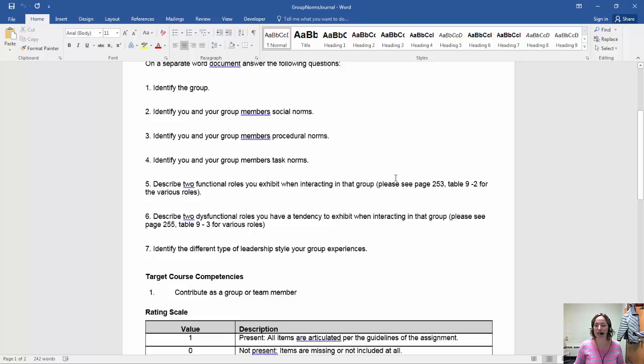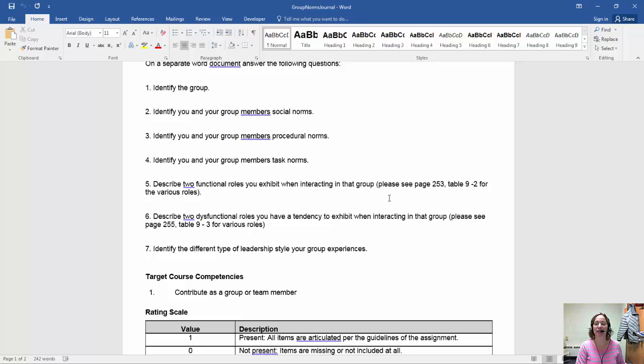Once you've completed the task norms, you are going to describe 2 functional roles you exhibit when interacting in your group. And to see a list of functional roles, please turn to page 253 in your textbook, specifically focusing on table 9-2. Next, describe 2 dysfunctional roles you have a tendency to exhibit when interacting with that group. Please look on page 255 for those lists of dysfunctional roles on table 9-3.